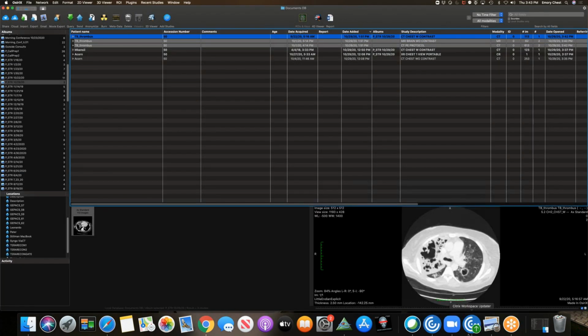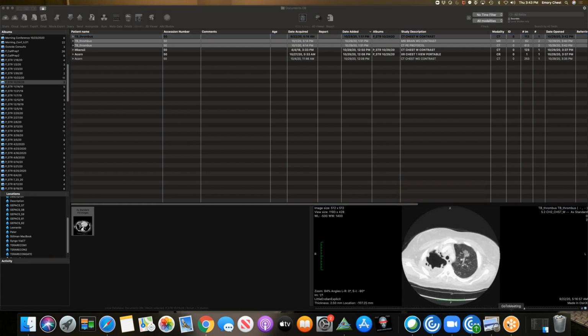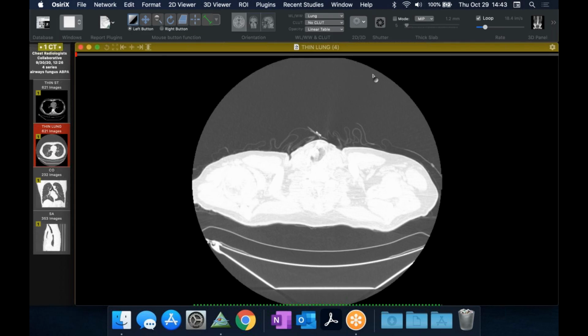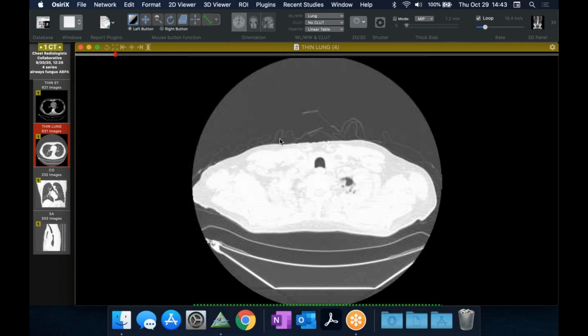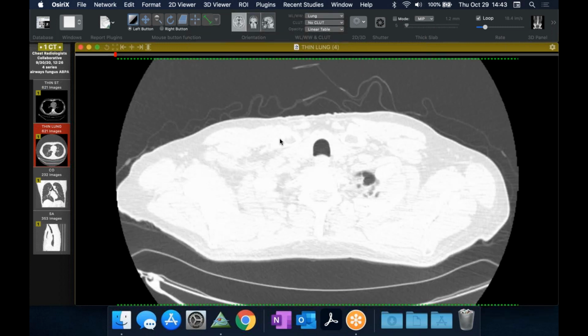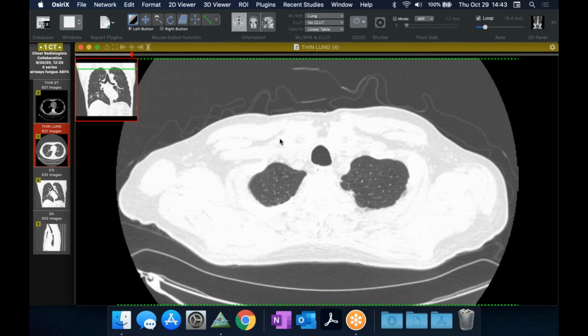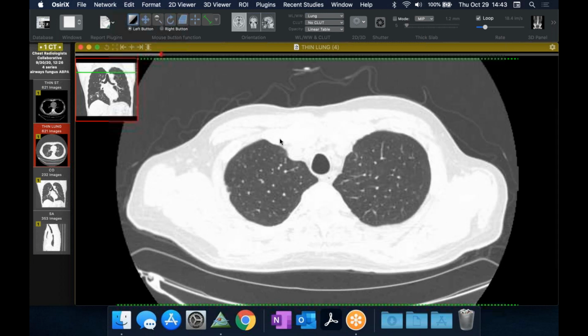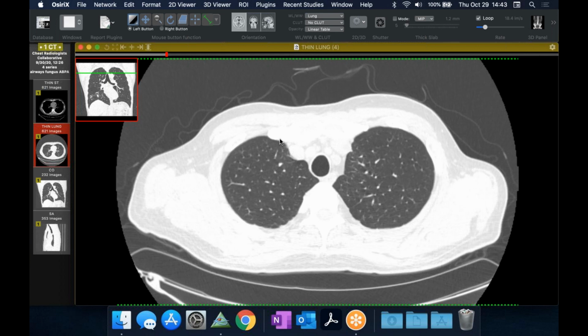She's coming in with cough, shortness of breath, fevers, and obviously striking cavitation in both lungs, more on the right side, and as you go to the periphery of the cavitation, you see nice little centrilobular nodules. So as one would expect, this was tuberculosis, active TB. That was a good example.